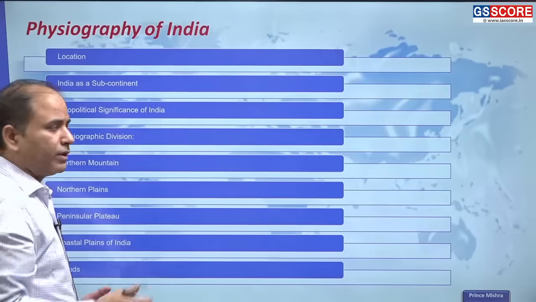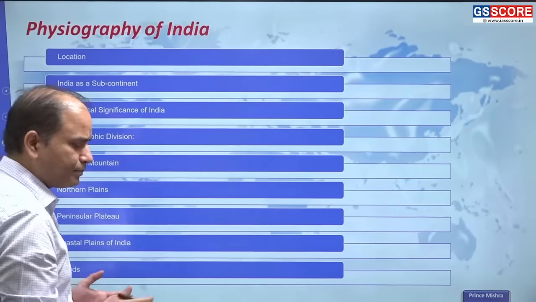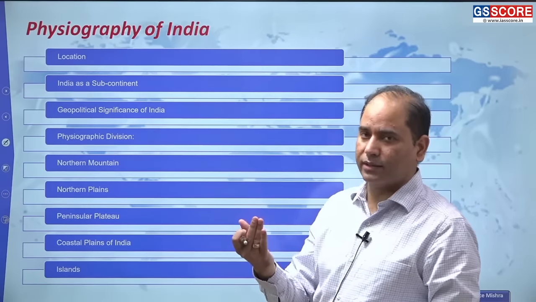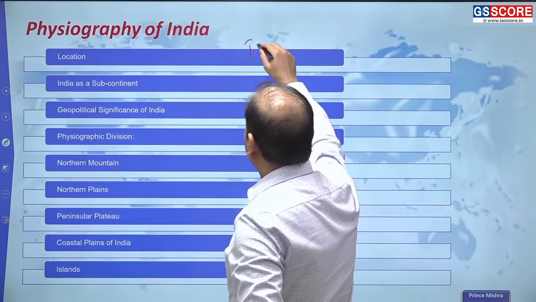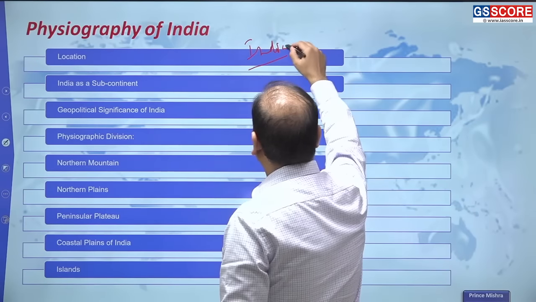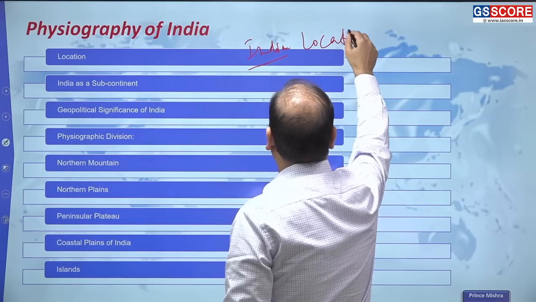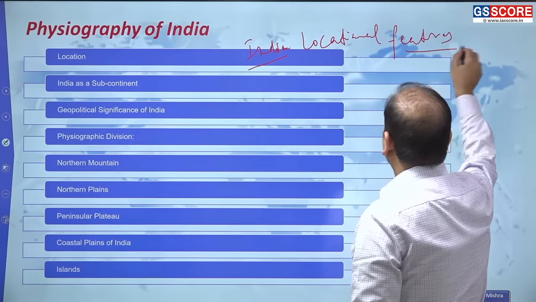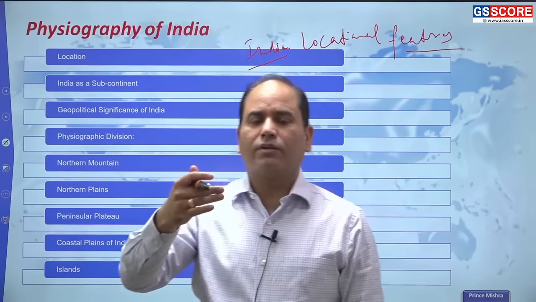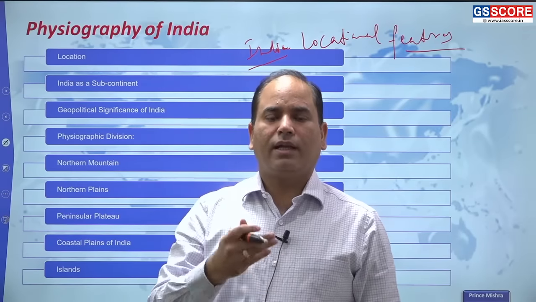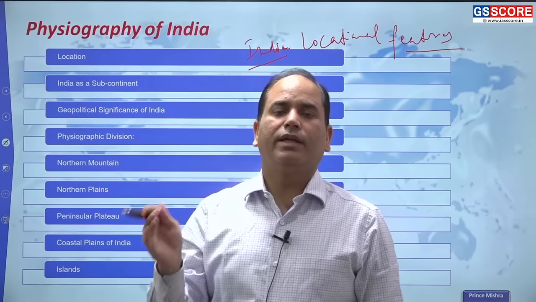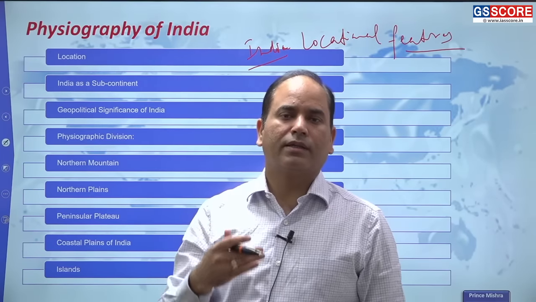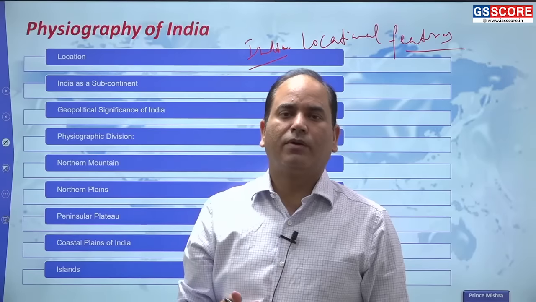Under the Indian physical broadly, what are the different topics that you are supposed to prepare? First of all, you need to prepare India as a location, or you can say India's locational features. In this, you will look at the different aspects of India: latitude, longitude, the boundary India shares with countries, and particularly the length of those boundaries.